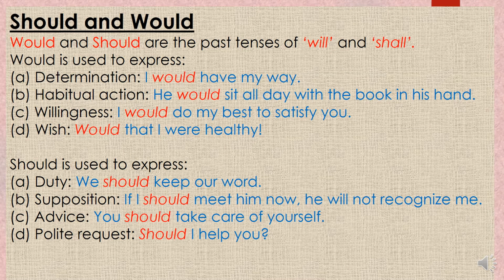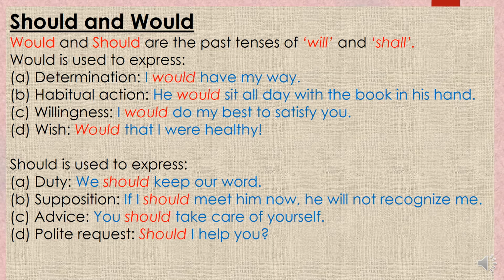So now we have should and would. Where to use should and where to use would, we will see in this slide. So would and should are the past tenses of will and shall. So would is the past tense for will and should is the past tense for shall.